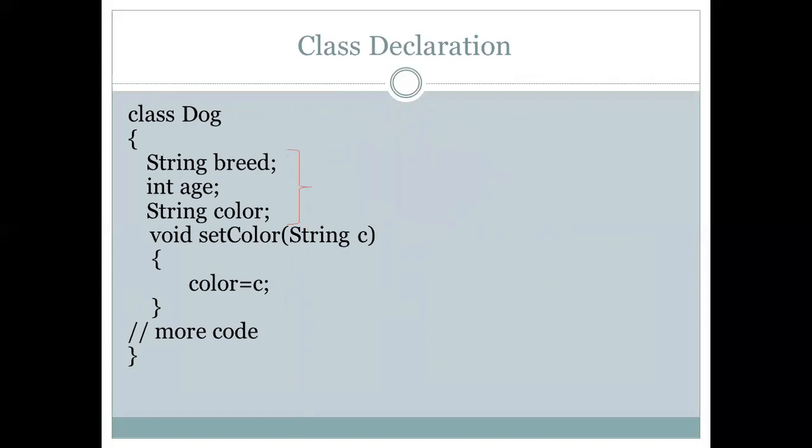This is the behavior of the dog, right? So breed, age, color are the data members or variables of the dog, and I have this void set color. This is the method, exhibiting the behavior of the dog. So there is a syntax to be followed for declaring a class.